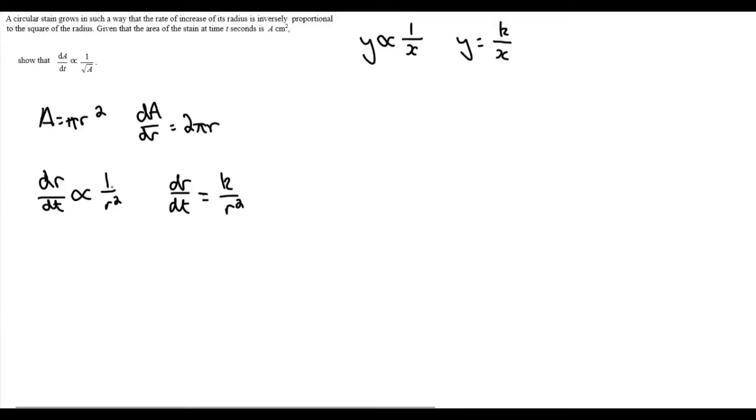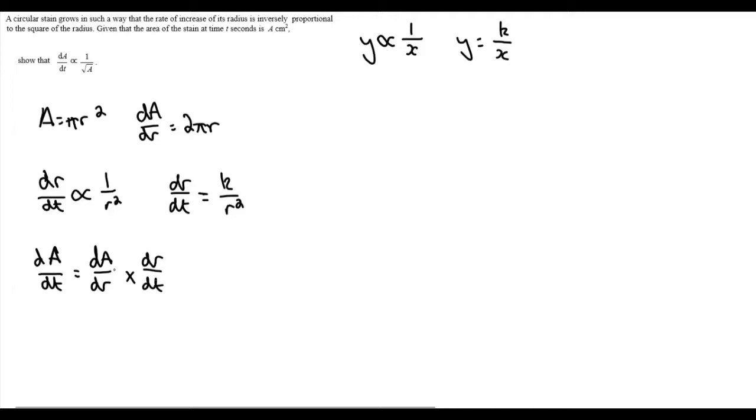Whether you prefer to use just proportional already, or you would prefer to add in another unknown constant and keep it equal sign for now. Either way, to therefore make your dA over dt, we are going to be having our dA over dr times by the dr over dt.